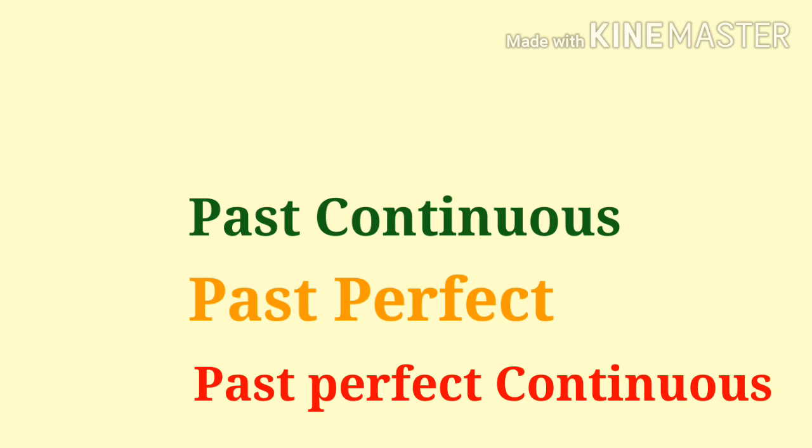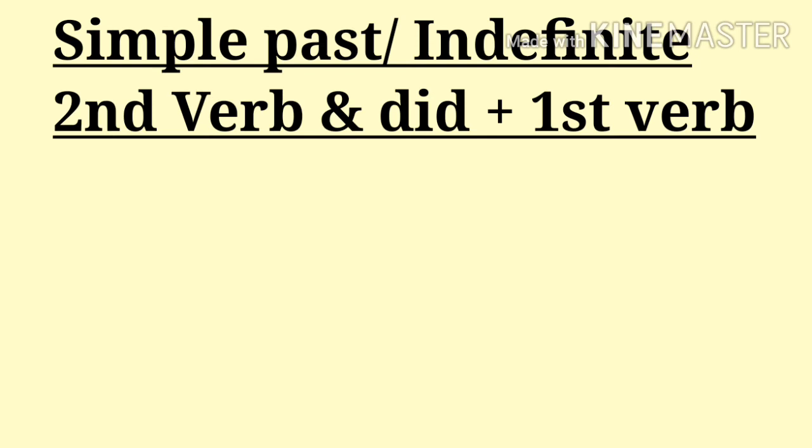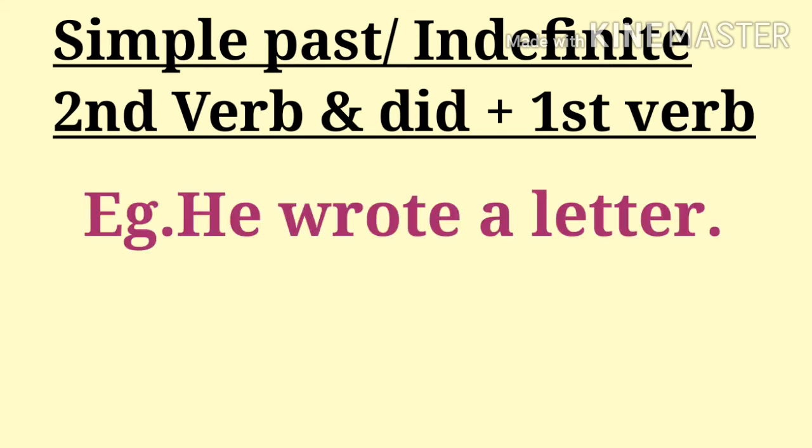Number 1, simple past tense or past indefinite means use of second verb, and did plus first verb. See the example on your screen. He wrote a letter. Sentence structure: subject plus second verb plus object.